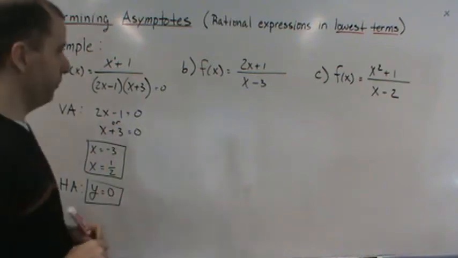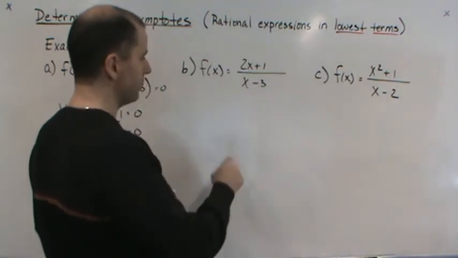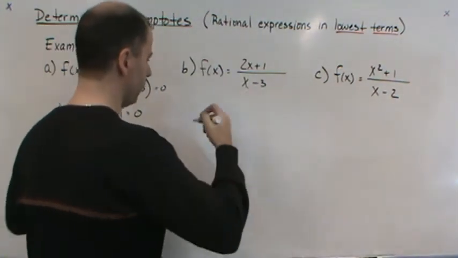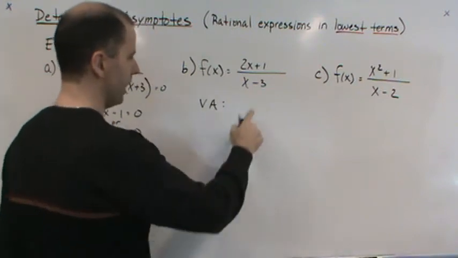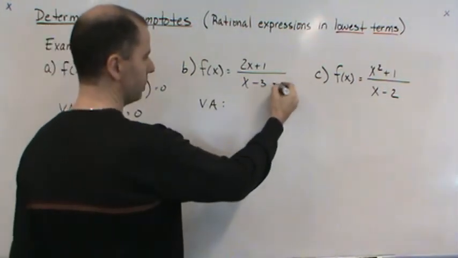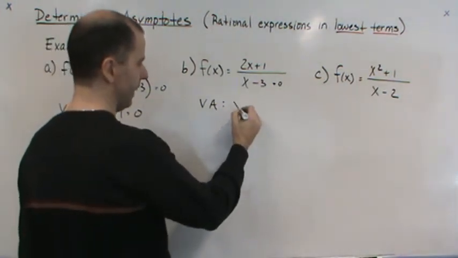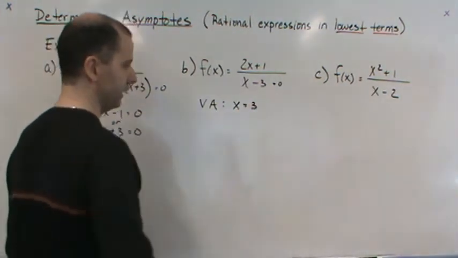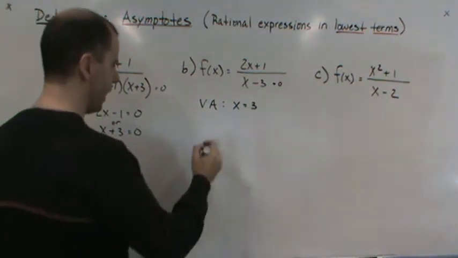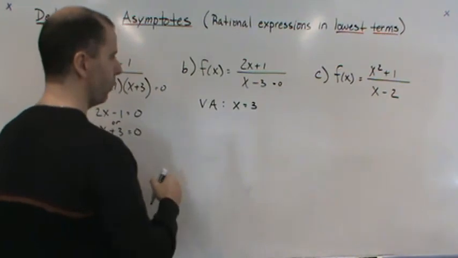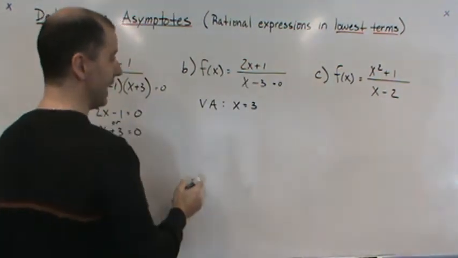The next one. Let's look at the vertical asymptotes. We set the denominator equal to 0, and that means x equals 3 is a vertical asymptote. Now, what about the horizontal asymptote? In this case, the degree of the top and the bottom are the same.